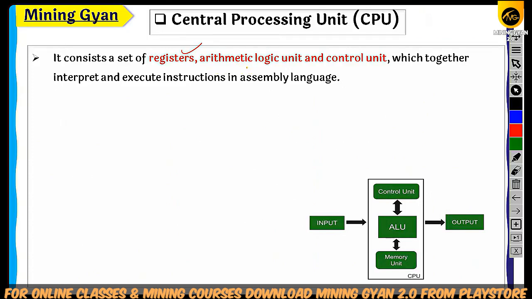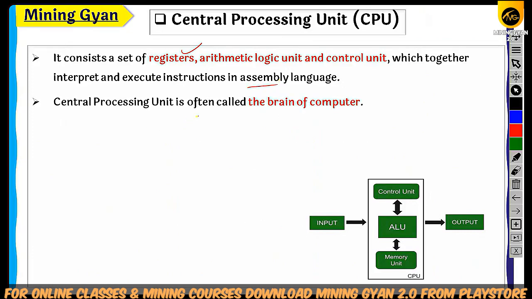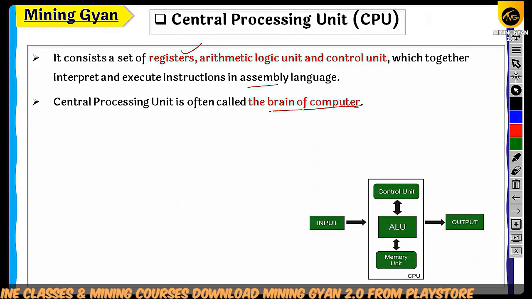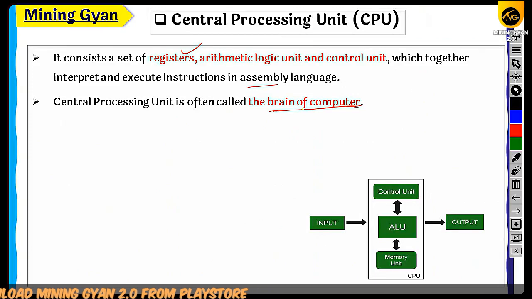The second one is the ALU, that is arithmetic logical unit, and the control unit, which together interpret and execute instructions in the assembly language. So the central processing unit is often called the brain of computer. This is the most common question: which unit is called the brain of the computer? The answer is the central processing unit.